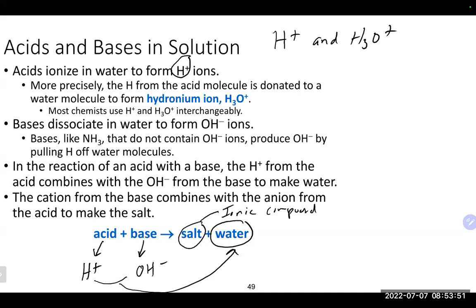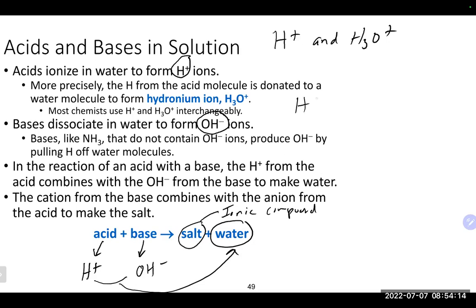A base is something that is able to produce hydroxide ions in solution, and that is your definition. When we talk about producing hydroxide ions or H+ ions in solution, we're talking about producing them freely in solution, floating around by themselves, and that's what makes something an acid or a base.